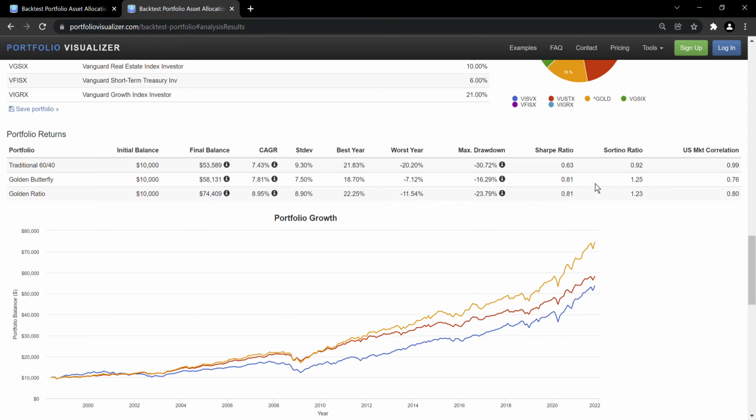And then you get to these Sharpe ratios, and you can see that the Sharpe ratio for the 60-40 for this period is only 0.63, and so both of these two risk parity style portfolios are much better. Similarly with the Sortino ratio, you can see the 0.92 versus 1.25 and 1.23.